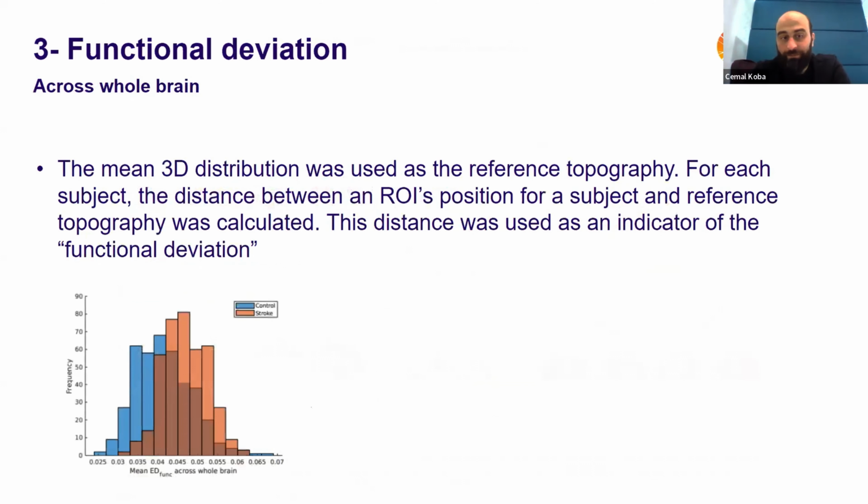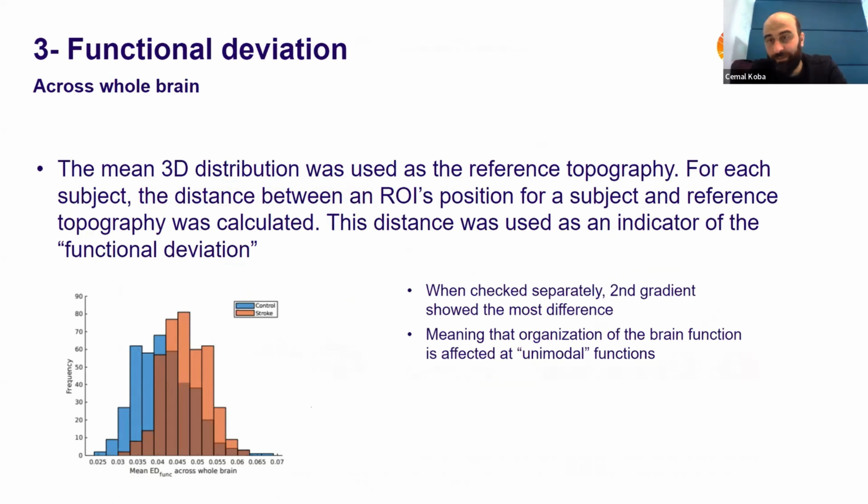When we calculate this for every subject, we saw that stroke subjects have significantly higher functional deviation to the reference topography, which is expected because of the stroke lesion.